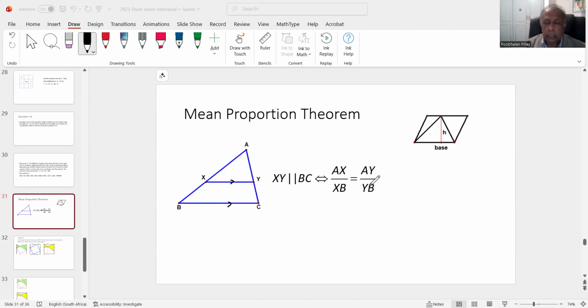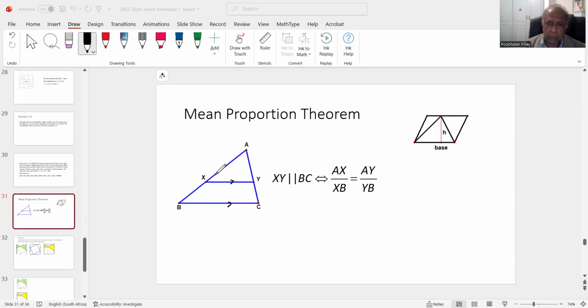So this is important. And conversely, if you know that this over this is equal to that over that, then this line will have to be parallel. So just remember that. A line parallel to a side of a triangle divides the other two sides in the same ratio. It's sort of intuitively obvious.